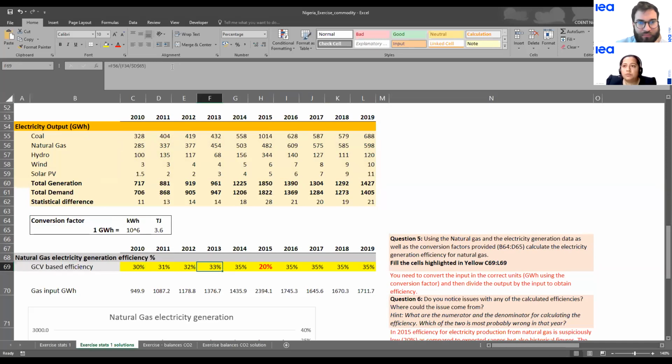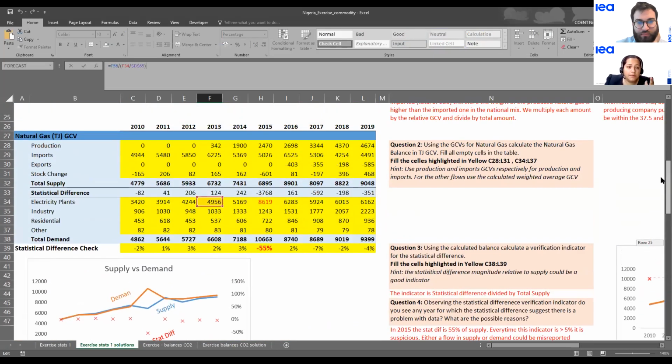Efficiency is output divided by input. So here you will take your amount of natural gas production. For 2010, it's 285. Yeah, for 2013, it's 454. And you will divide it by your natural gas input, which is up in the table.